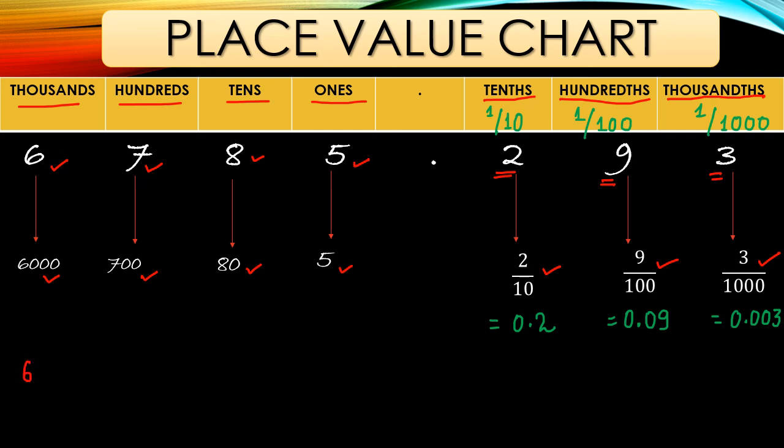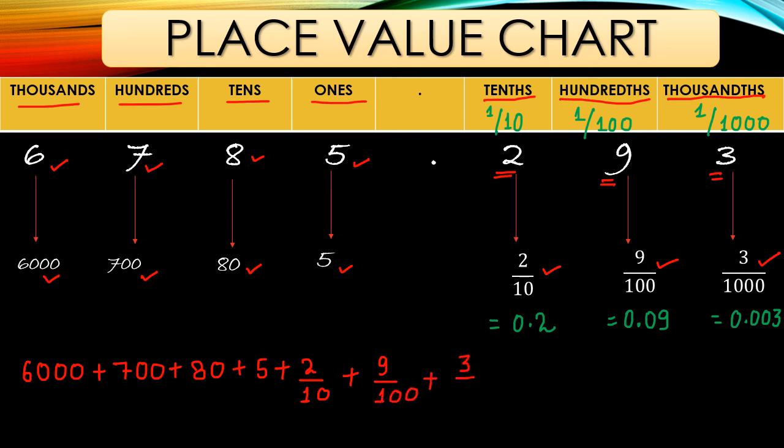Now, in expanded form, we will write this numeral as 6000 plus 700 plus 80 plus 5 plus, now come to the decimal part, 2 upon 10 plus 9 upon 100 plus 3 upon 1000.